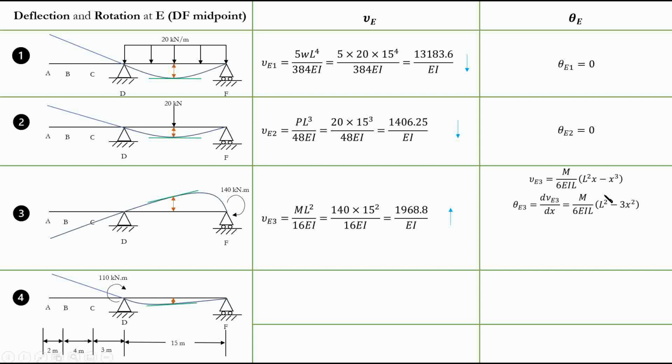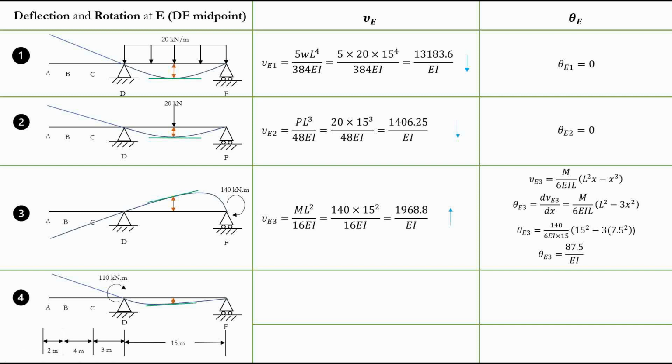So you'll just take the derivative of this one. This will be L squared minus 3x squared, as you can see here, and just plug back in your 7.5 meters. Why? Because we are finding it in the center. So just 7.5 here, and you will see the final value.